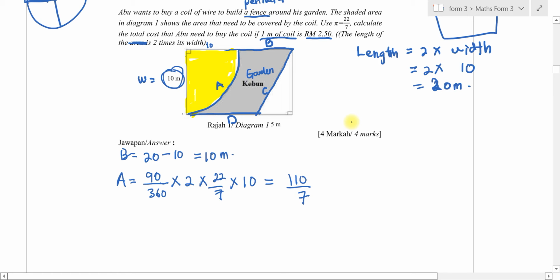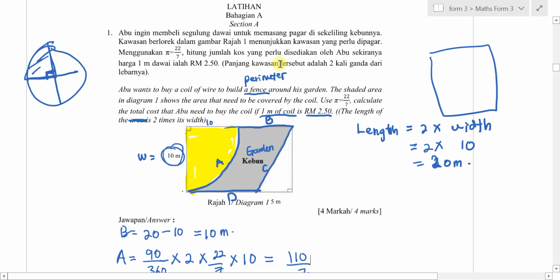Now C and D are the only ones left. Wait. The panjang kawasan tersebut adalah 2 kali ganda daripada lebarnya. Which area is the length of? The area that needs to be fenced, is it? Because the other clues were not given to you.